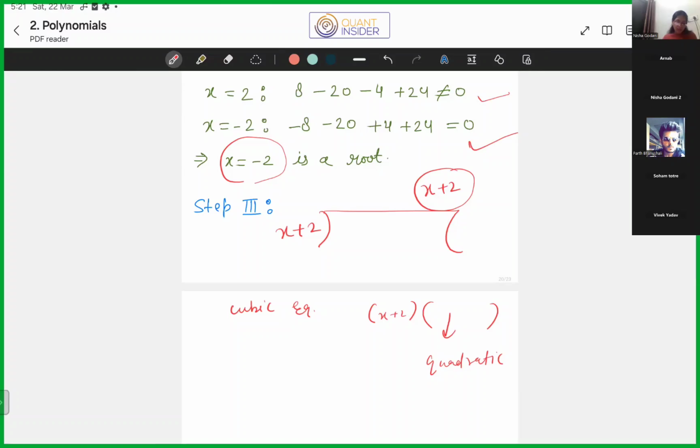You know that. Now the question is how to find that quadratic factor, that quadratic polynomial that will give you the other two roots.